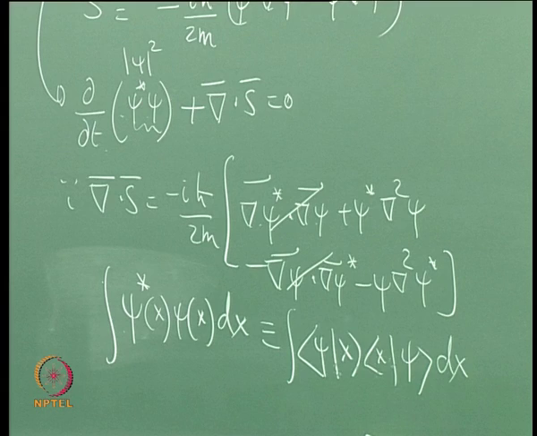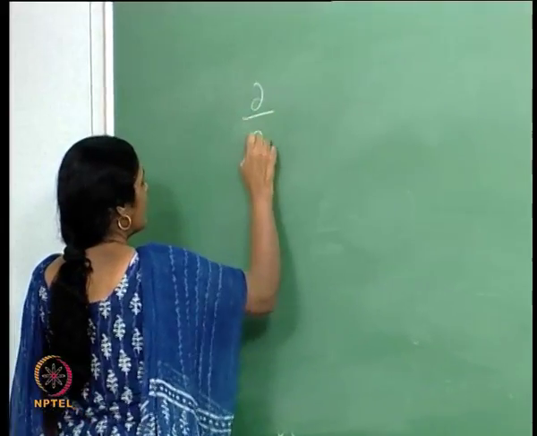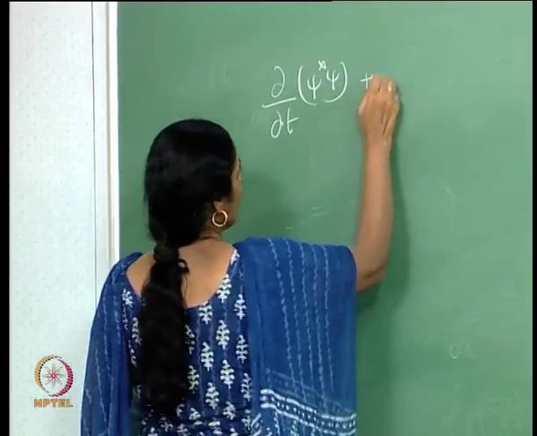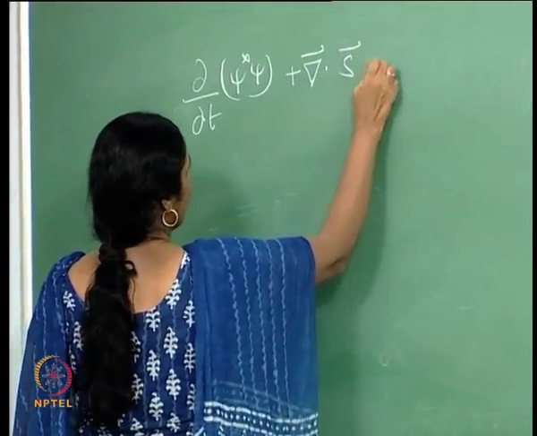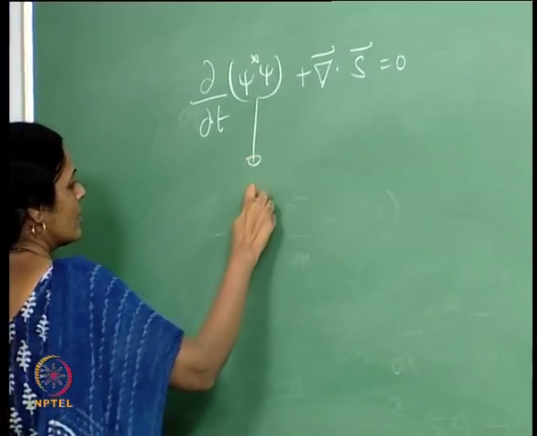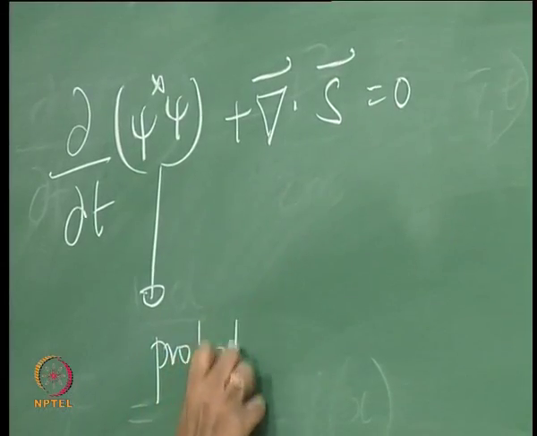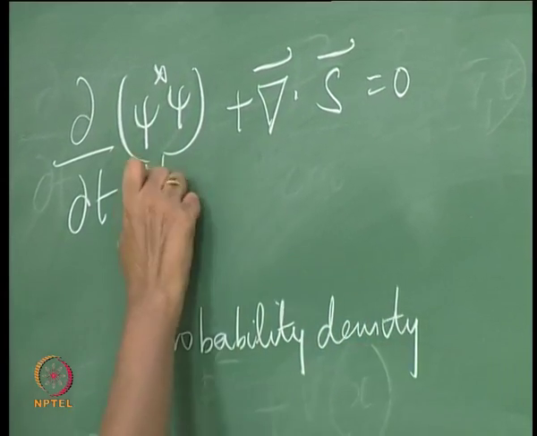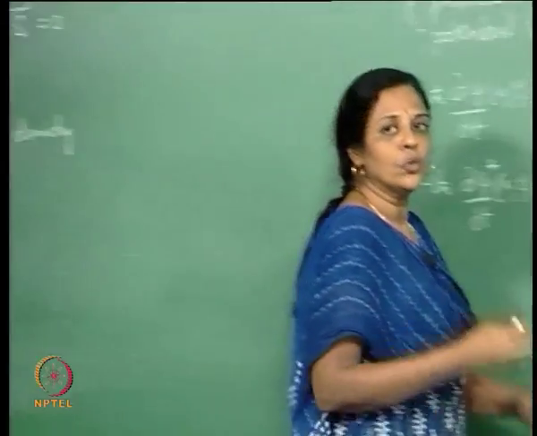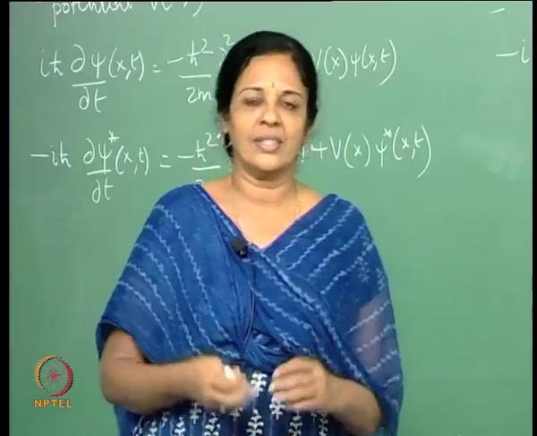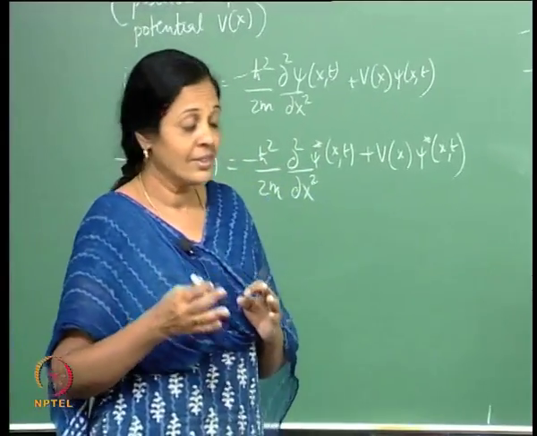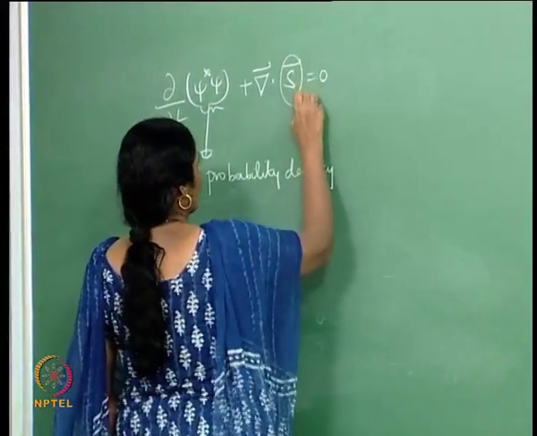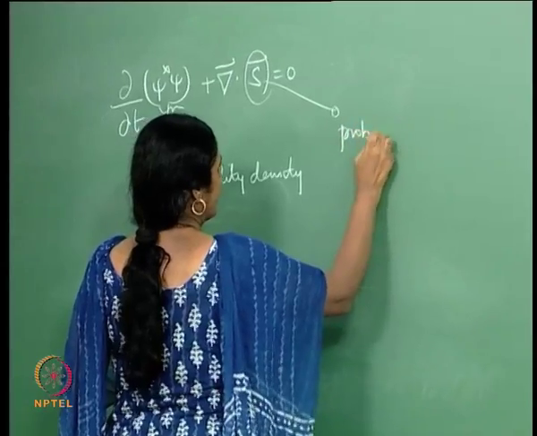Returning to the continuity equation, ∂/∂t ψ*ψ plus ∇·S equals 0. This object is called the probability density for very good reasons, because when you integrate over it, you get the total probability, the integral ψ*(x) ψ(x) dx. That is the total probability, and that is 1. And this object here is called the probability current density.